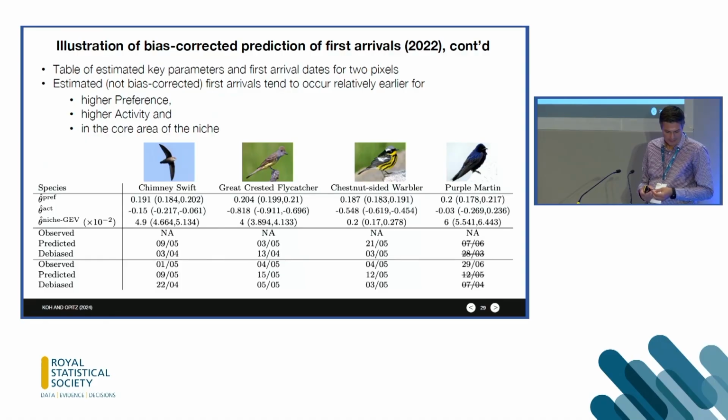And what we also see is that the bias-corrected first arrival dates are typically clearly earlier than the predicted ones without any bias correction. It is nice that we can predict in pixels where we have no observations. And if there is doubt about the presence of a species, then we will not do prediction.